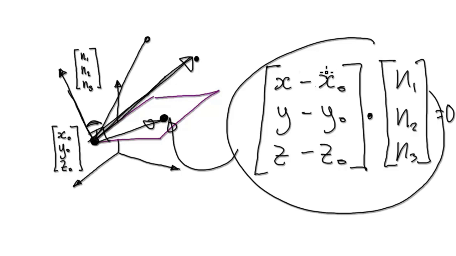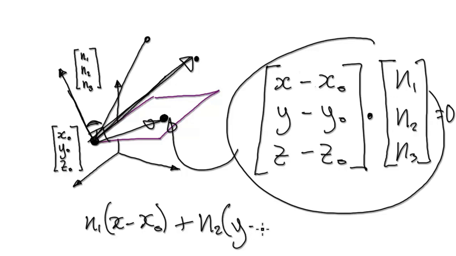When you come to multiply this out, the dot product will be this times this, so it would be n1 times x minus x0, plus this times this, that would be n2 times y minus y0, and then this times this, so that would be plus n3 times z minus z0.